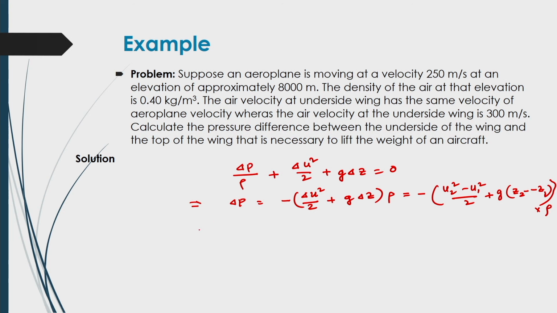After substitution of the respective values, U2 is given as 250 square, U1 is 300, divided by 2, plus g is 9.81 into Z2 minus Z1.